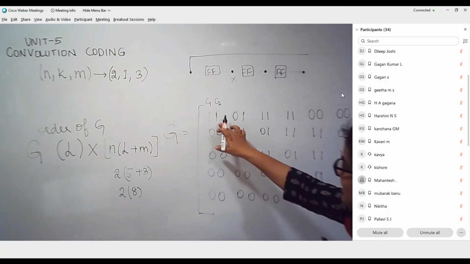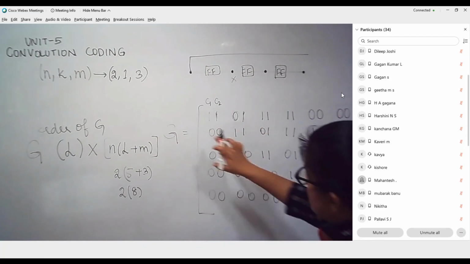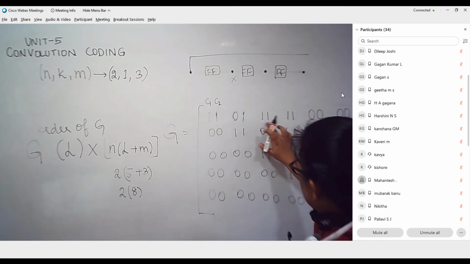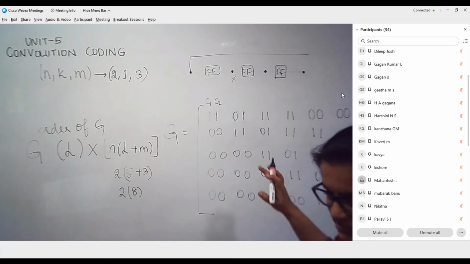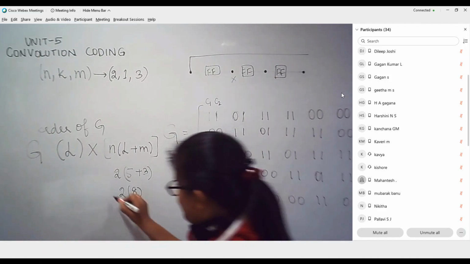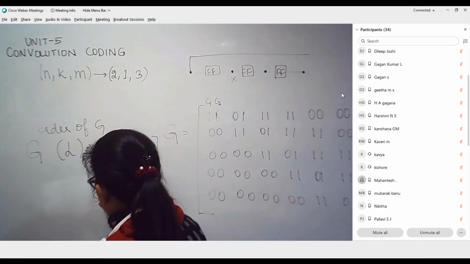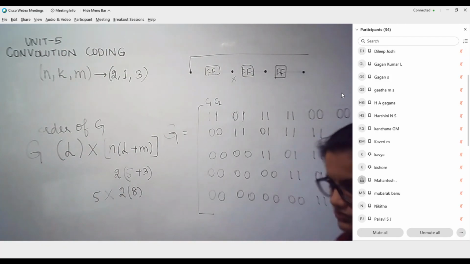If you look, there are 16 bits in the first row: 1, 2, 3, 4, 5, 6, 7, 8, 9, 10, 11, 12, 13, 14, 15, 16. These 16 bits get repeated for the 5 rows. Since it's a shift register, it will be rolled back into the initial bit positions.